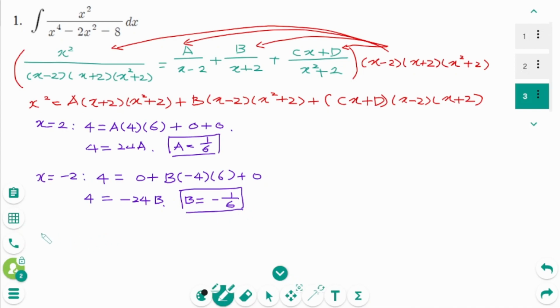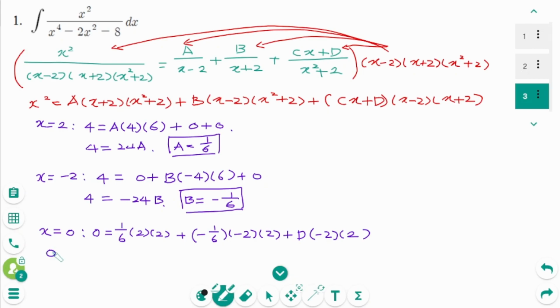To solve for d, if x equals 0, then 0 squared is 0 equals a, which is 1 over 6, times 0 plus 2 is 2, 0 squared plus 2 is 2, plus b, which is minus 1 over 6, times 0 minus 2 is minus 2, 0 squared plus 2 is 2, plus c times 0 is 0, then d times 0 minus 2 is minus 2, 0 plus 2 is 2.